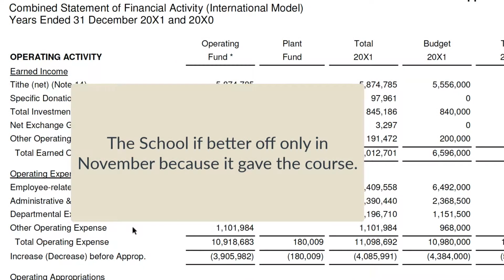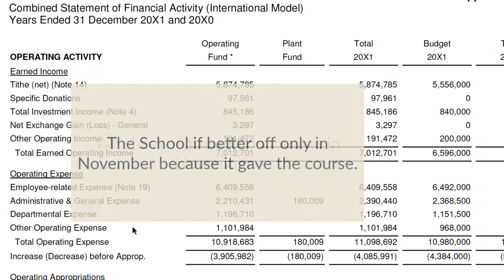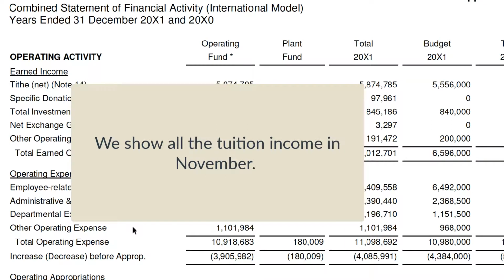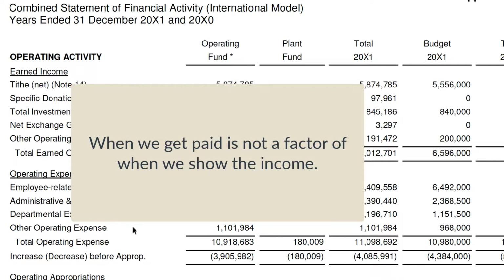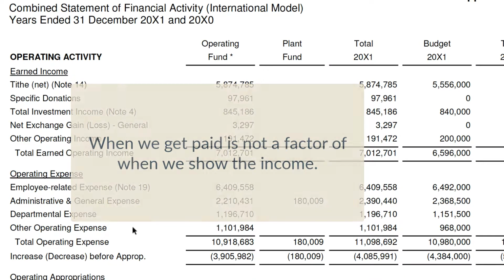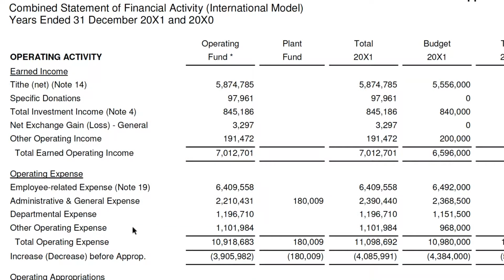Well, we will show $100,000 as tuition income, whether we have gotten the money or not. So the fact that some pay in advance, some pay during the month, and some pay after the month is not affecting the amount we show as income for November.